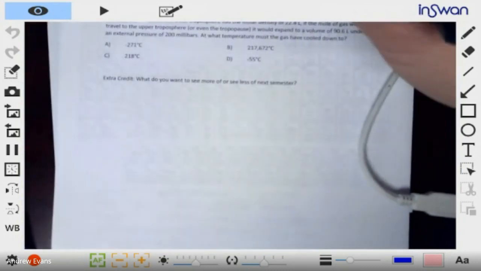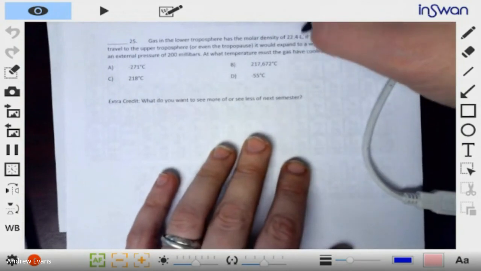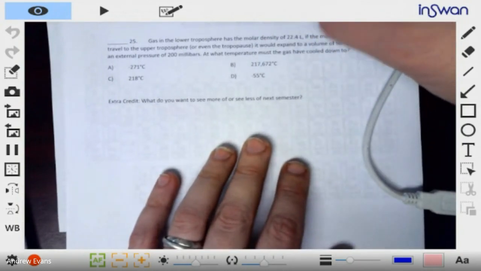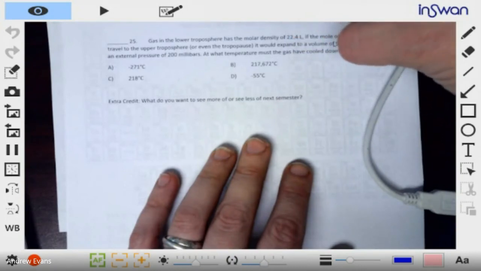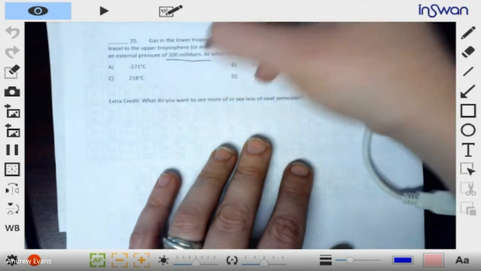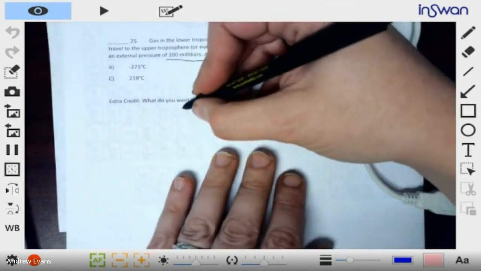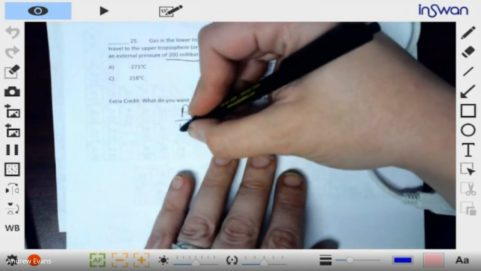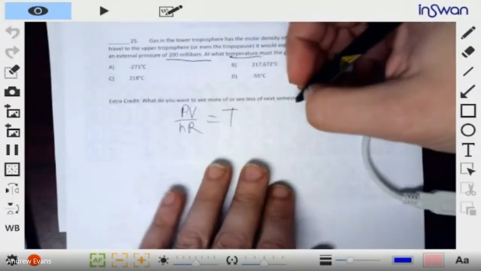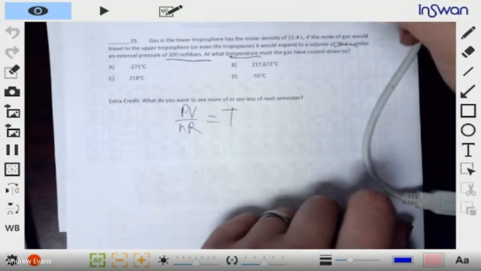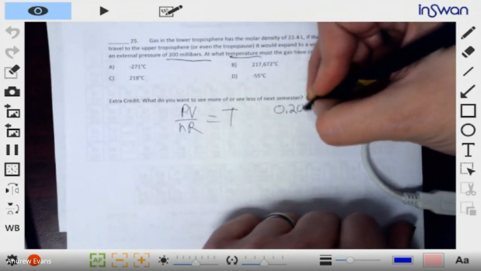Last problem. Gas in the lower troposphere has a molar volume of 22.4 liters. 1 mole of gas would travel to the upper troposphere, the tropopause. It would expand to a volume of 90.6 liters. External pressure of 200 millibars. What would the temperature be? So same problem, except instead we're now doing PV over nR equals T. PV equals nRT. So pressure, 0.200 bars.